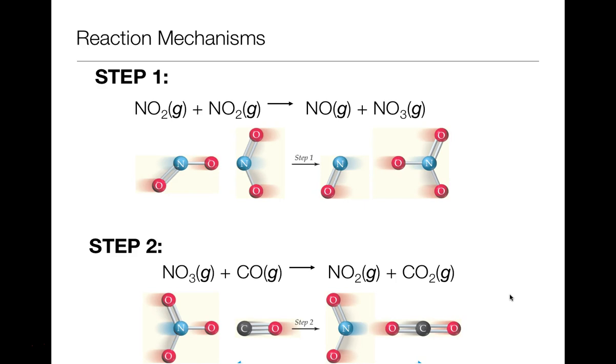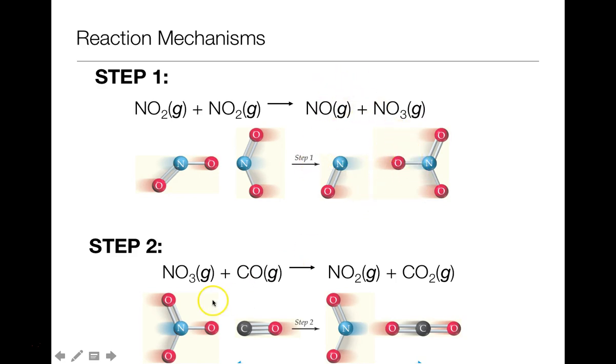When we talked about catalysis the other day, we saw it when we had multiple activation energies and we kind of had a well between the two. This is that intermediate period where this NO and this NO3 are actually, if you were quick enough, you could isolate these two because these are stable products.